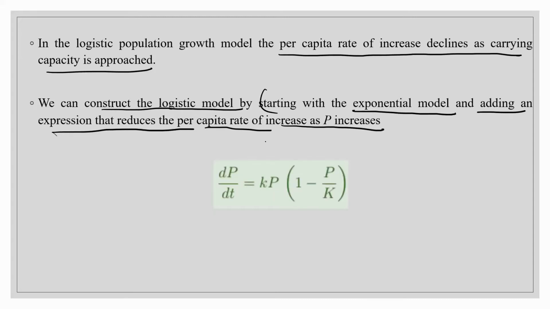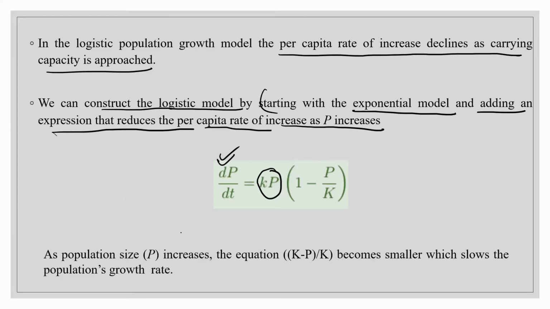This part is the exponential growth, and if we multiply it with a term which reduces as P increases, then we get a logistic growth model. Here P is the population size, and as the population size increases, this term becomes smaller and smaller. This shows that the population growth rate also becomes slow.